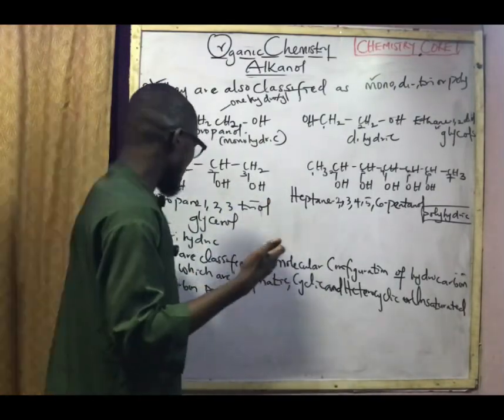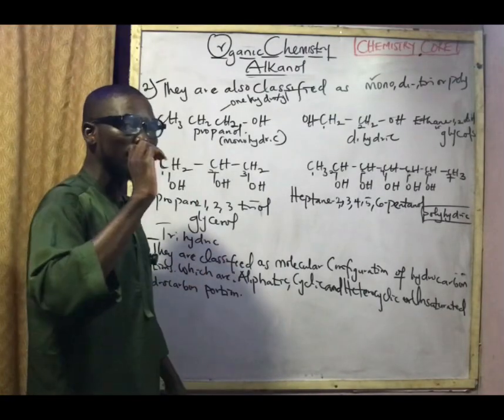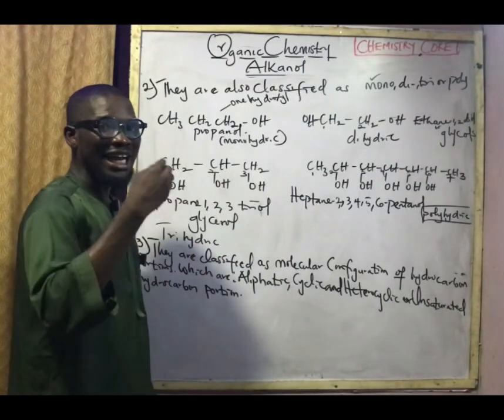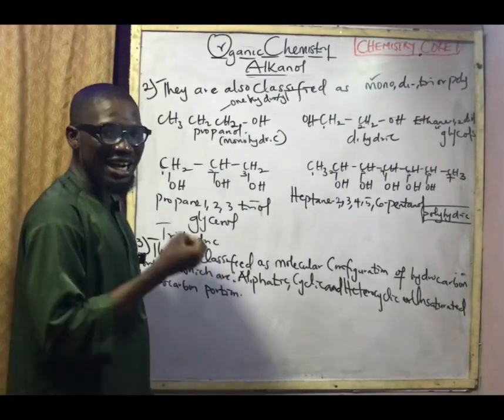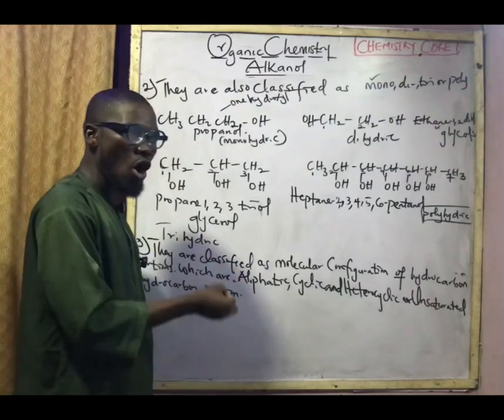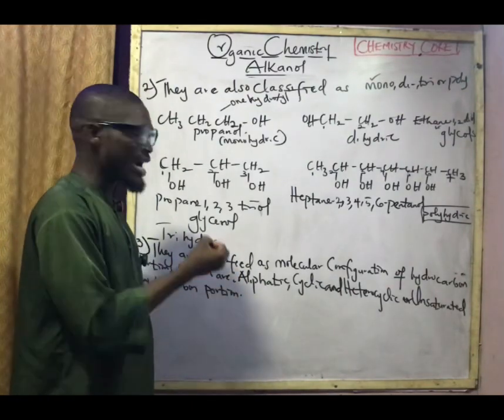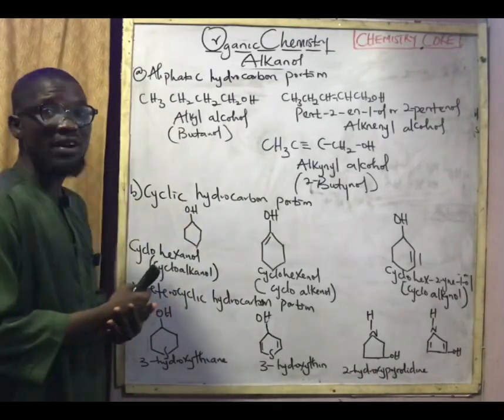So they are classified as molecular configuration of hydrocarbon portion, which are the aliphatic hydrocarbon portion, cyclic hydrocarbon portion, heterocyclic or unsaturated hydrocarbon. Let's take a look at the examples of each of what we have on the board.